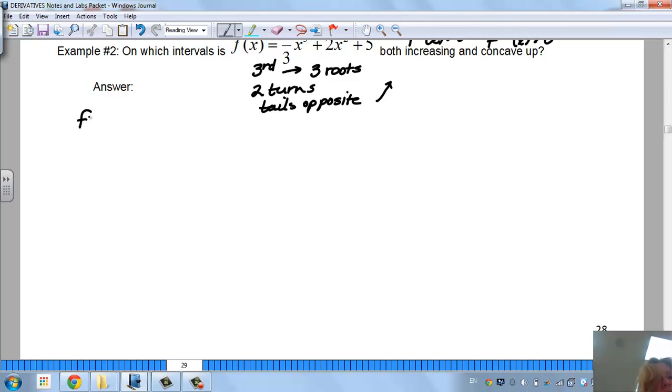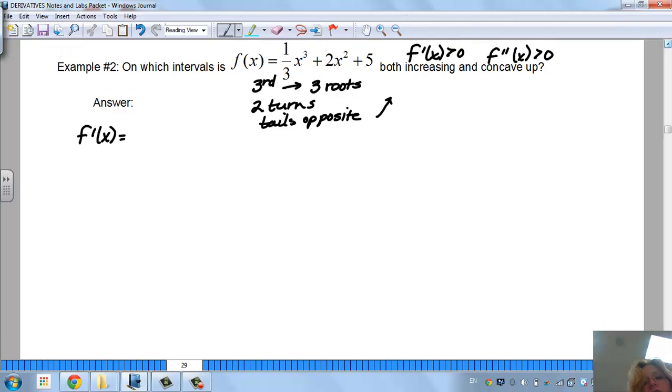So I have f prime of x, so we're going to do the first derivative, and I just hid the function a little bit, but 3 times 1/3 is going to be 1, so I have x squared, because I got to drop the power, plus 2 times 2 is 4x, drop the power, and the derivative of 5 is 0, so we're going to put it equal to 0.